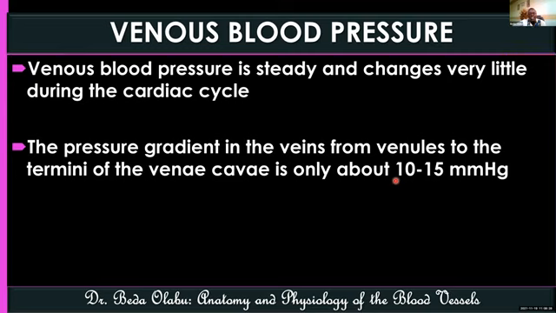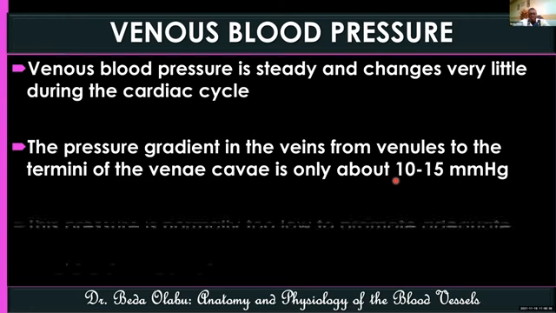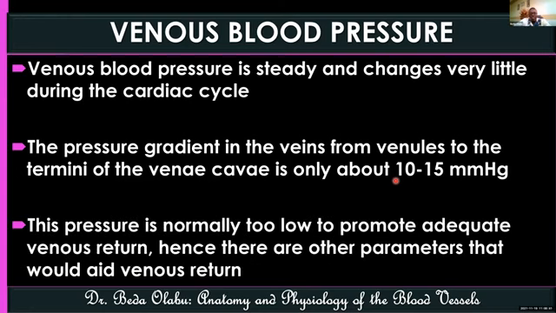But the change in pressure is also very low, and that will make blood flow through the veins very difficult. So this pressure is usually too low, and it may not be enough to promote adequate venous return. The venous pressure is too low to promote adequate venous return.